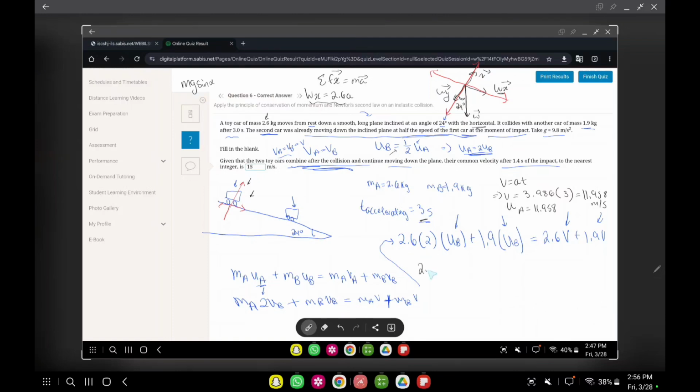So now I can continue my working by substituting UB as 5.979. Let's see, 2.6 times 2 times UB, which is 5.979, plus 1.9 times 5.979 equals 2.6V plus 1.9V.